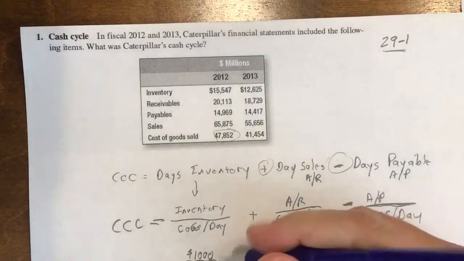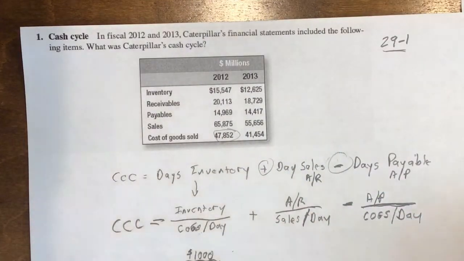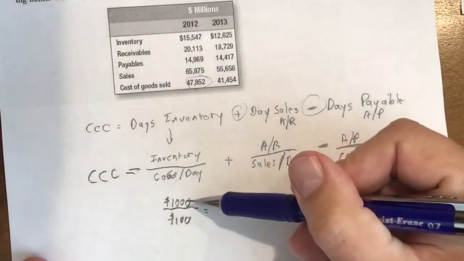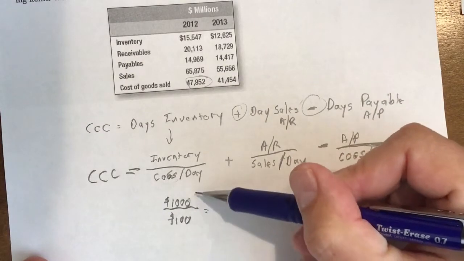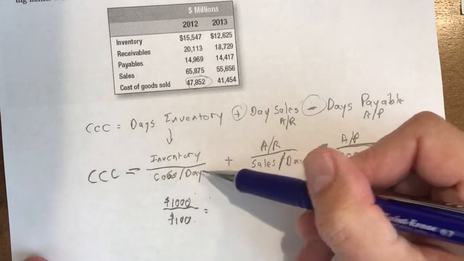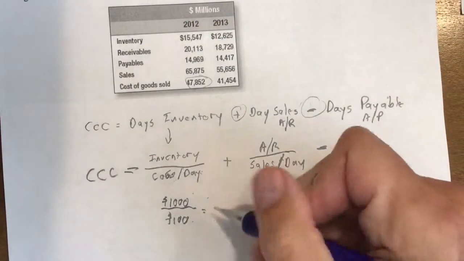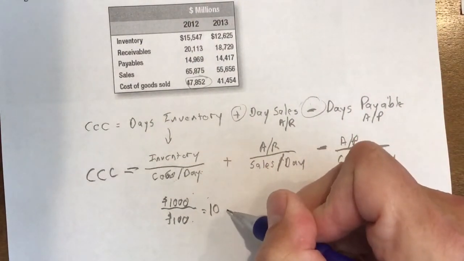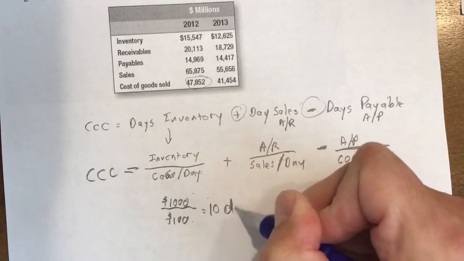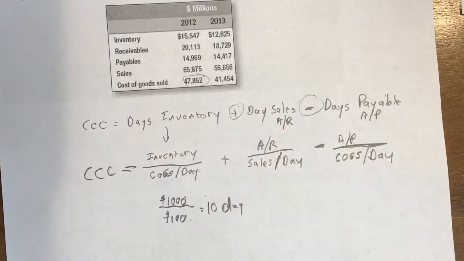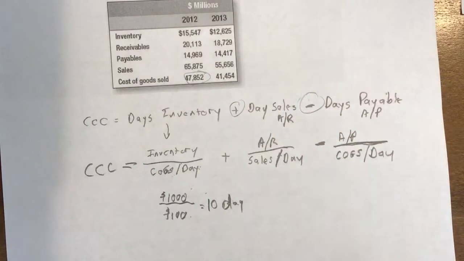Well, that means you have 10 days of inventory in your warehouse, on your books at any given time.